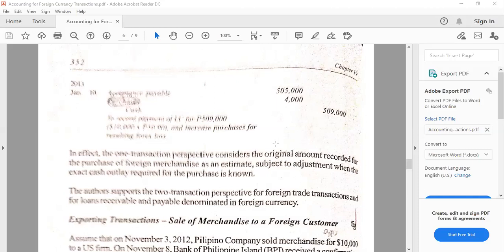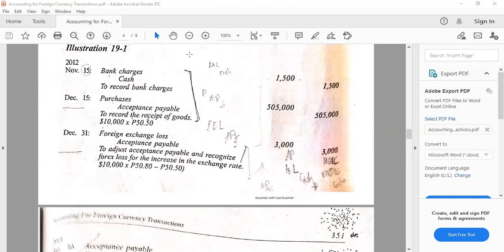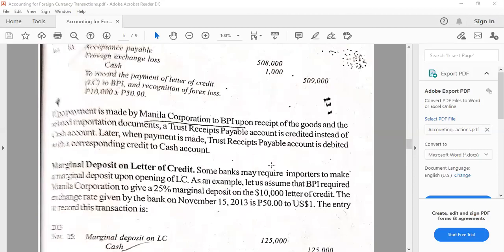In fact, that's going to be okay because we just have to recognize it at the reporting date rather than on a daily basis. Because if this is regular trading, it's going to be really on a daily basis if we think of movements of the rates, or even in seconds and minutes in real life. But it is just summarized into one at the reporting date. So that's why we are going to use the two transaction perspective as shown in the problem.